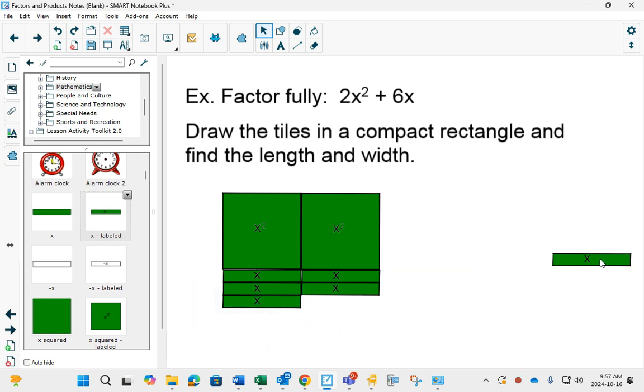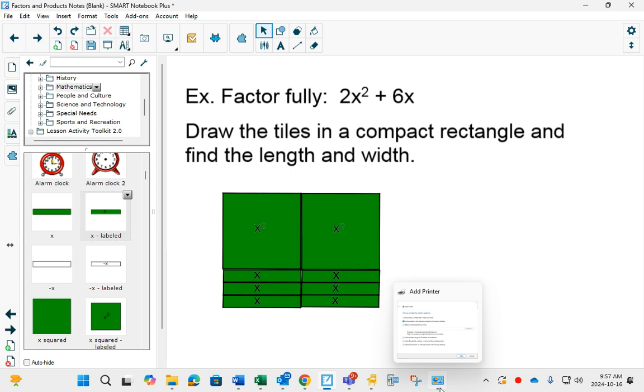I can rotate these x's, but this case looks like I don't have to. There we go, I made a perfect rectangle. These sides, of course, are 1, 1, 1. This is x, this is x, this is x.